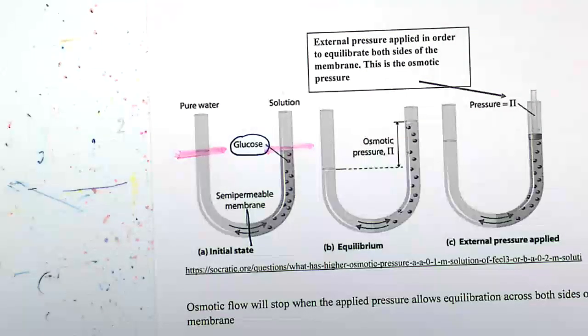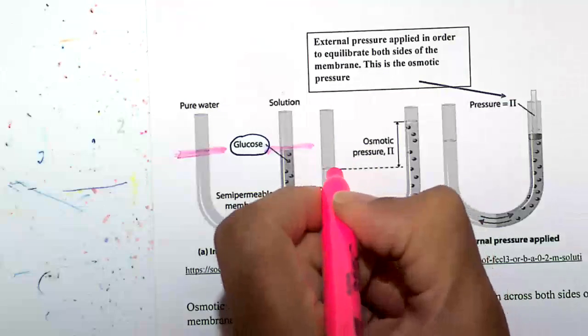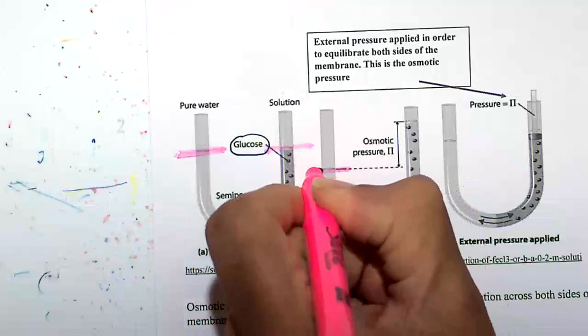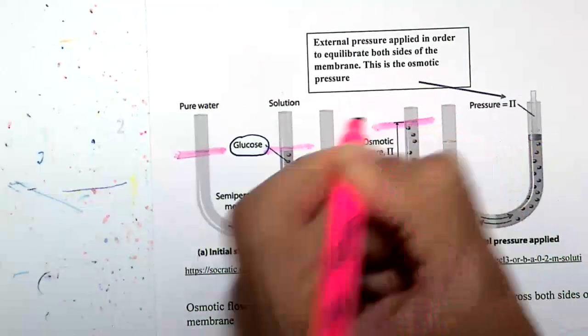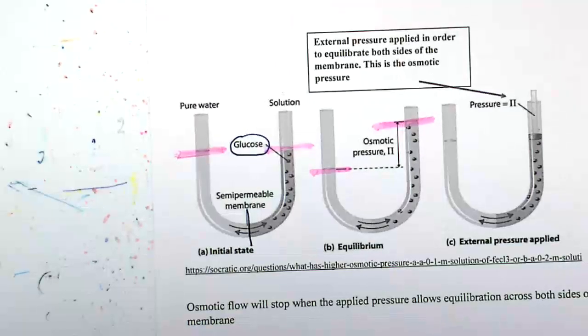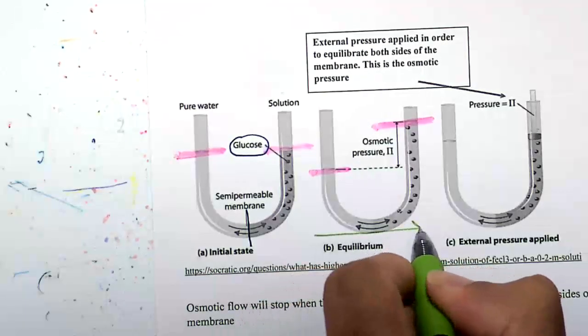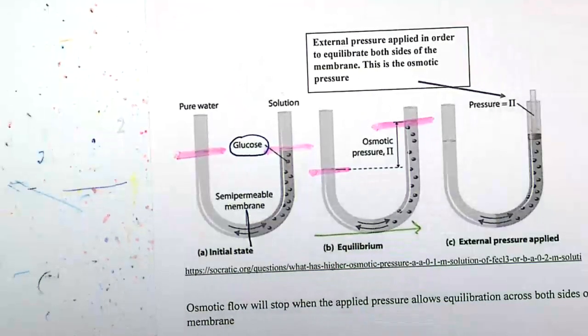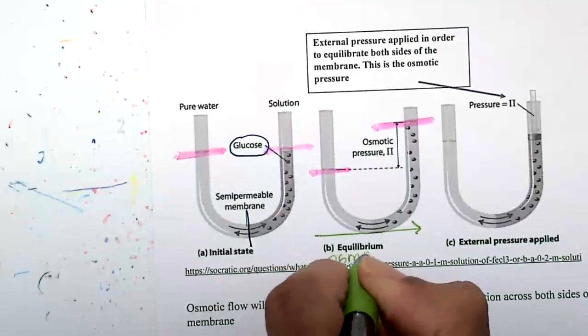Over some time, what has happened? Why is it uneven? Because of osmosis. Water rushed to neutralize the solute, in this case glucose. This is called osmosis.